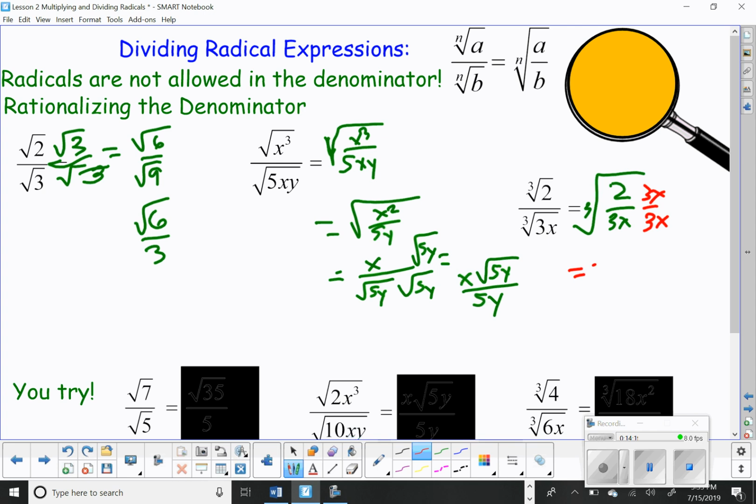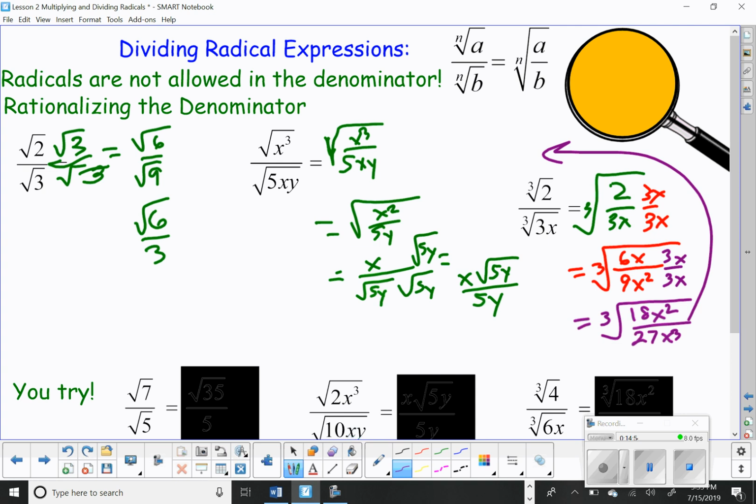That now gives me the cube root of 6x over 9x squared. Huh, that hasn't fixed anything. If I do another 3x over 3x, I now get 3 over 18x squared over 27x cubed.